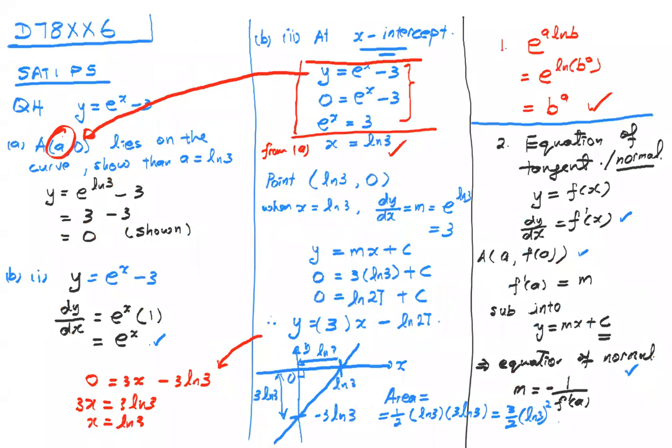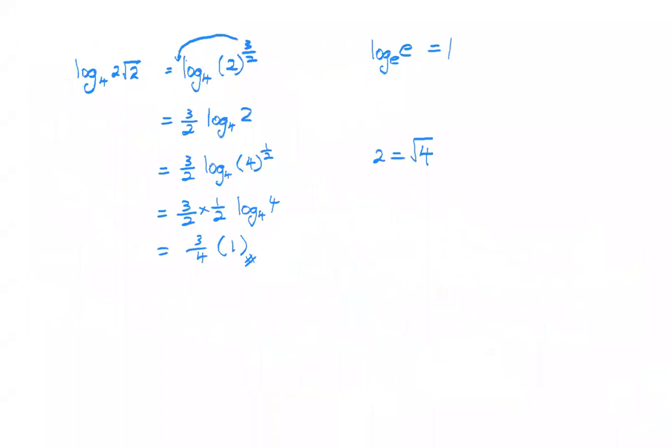I told you already, I will ask you to find the equation of the normal, and that question will be 9 marks. Any further question? This one I won't ask you, so don't worry.